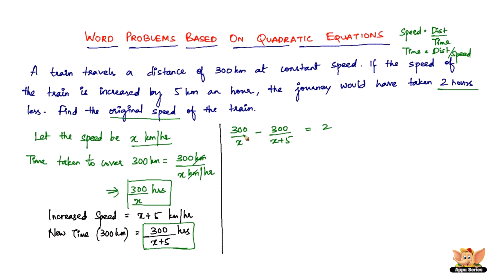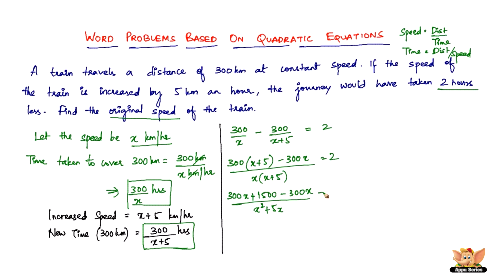So here we go. All we have to do is cross multiply: 300 times x plus 5 minus 300x, divided by x times x plus 5, equals 2. 300 times x is 300x, plus 300 times 5 is 1500, minus 300x, divided by x squared plus 5x, equals 2.